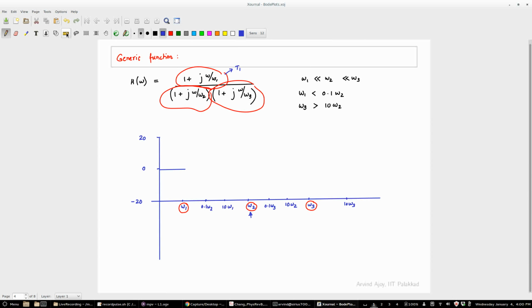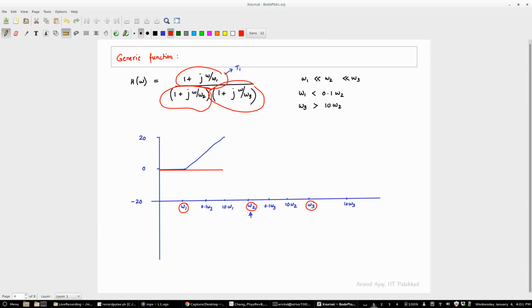It will be flat until omega 1, and then from omega 1 it goes up like that. So that's T1, it will go further.